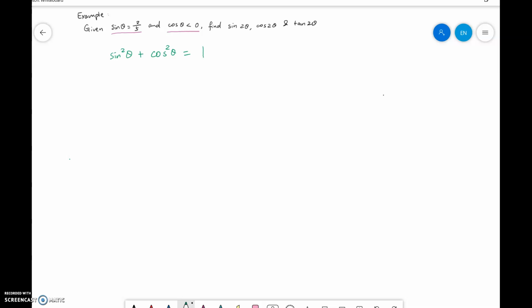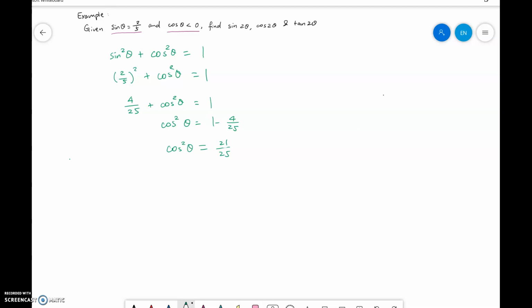Since I have sine theta, which is 2/5, I can find cosine squared theta first, which is 1 minus 4 over 25, which is 21 over 25.